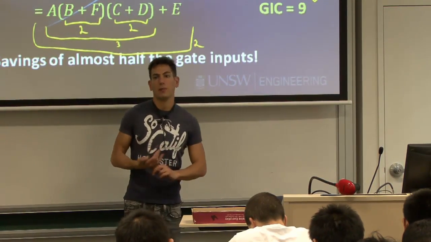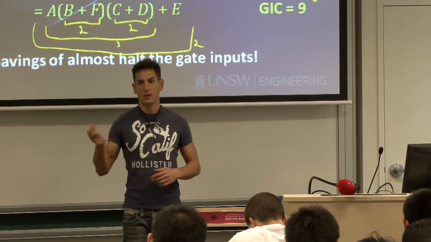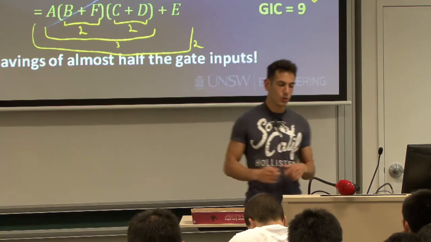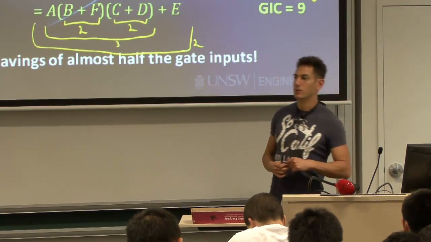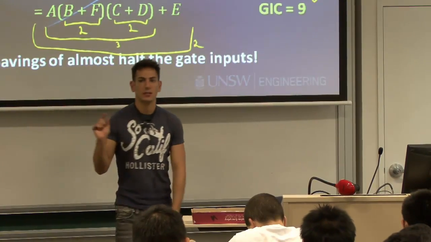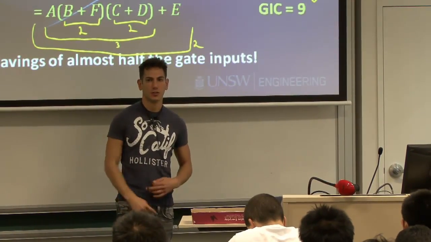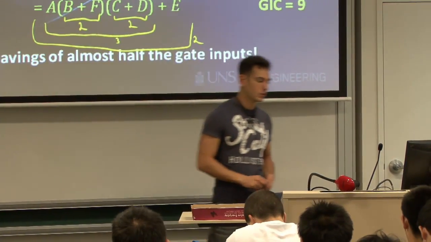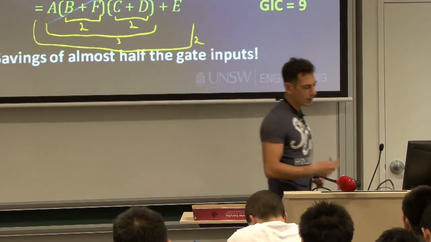You also save power because you don't need as much switching in the transistors. The smaller the chip is, the cheaper it is, by far. Even a slight reduction in chip size will make the chip much cheaper. So it is significant in that way.